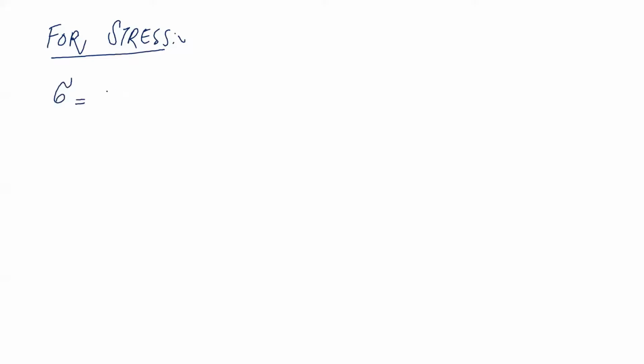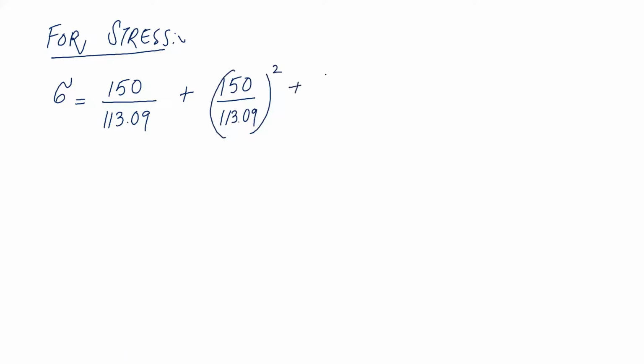Stress is equal to P, which is 150, divided by the area, which we got as 113.09, plus 150 divided by 113.09 whole square, then plus 2 into 2 into 10 to the power 5 into 150 into 15.